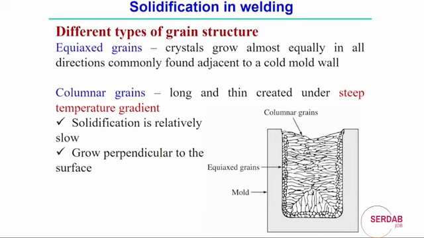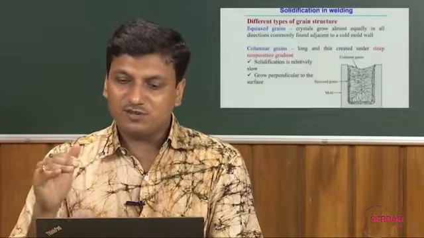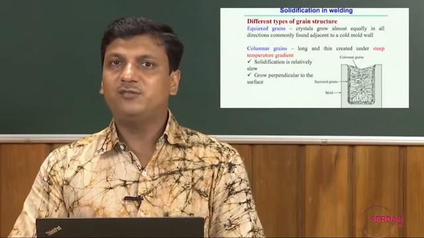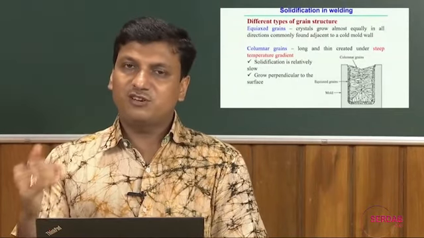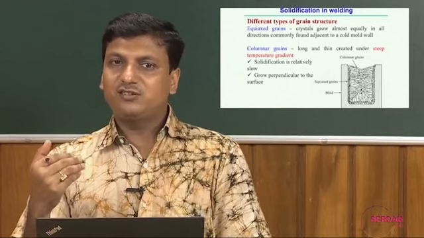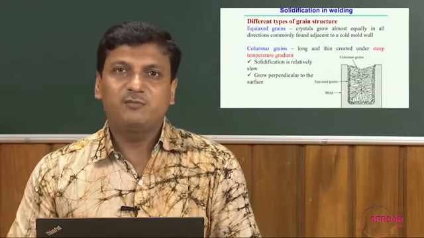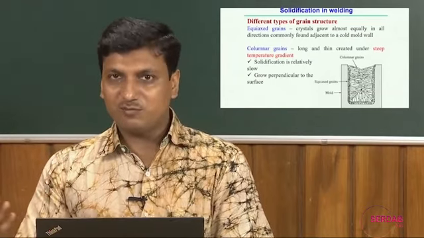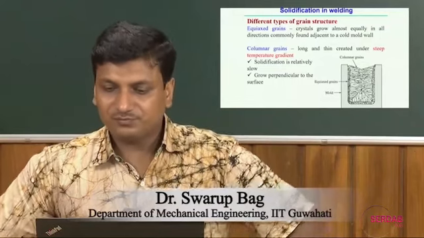Columnar grains grow perpendicular to the surface, and this depends on a directed, high temperature gradient in a specific direction.